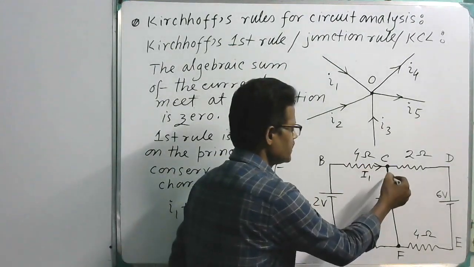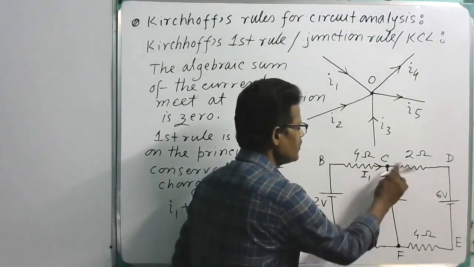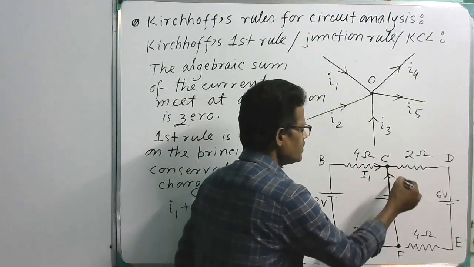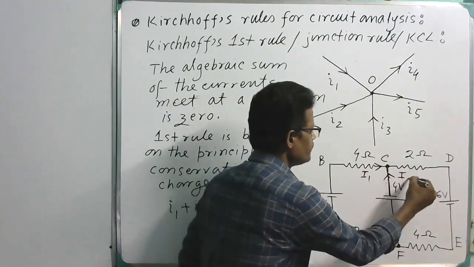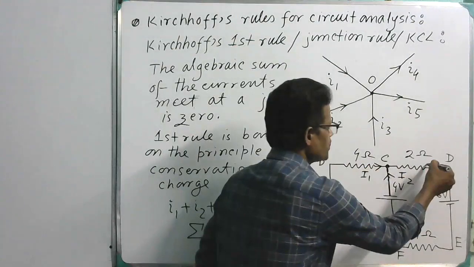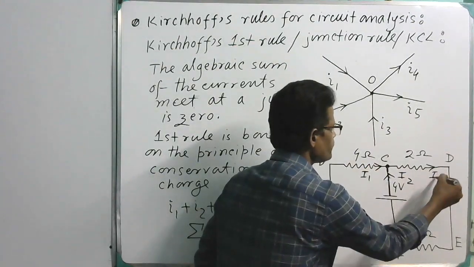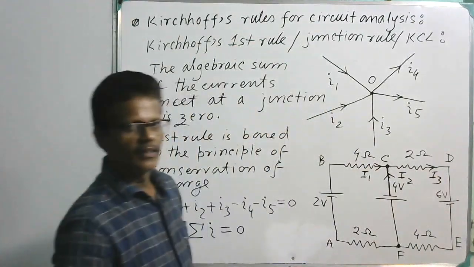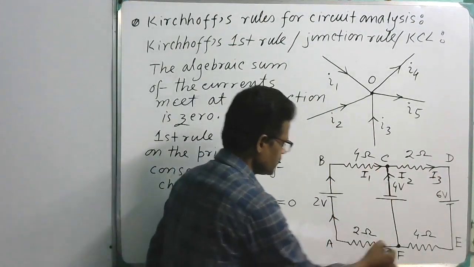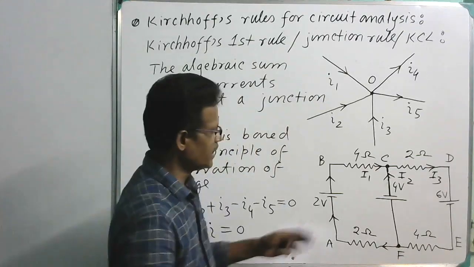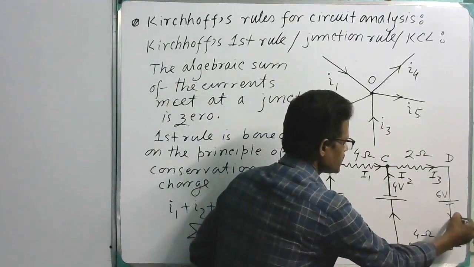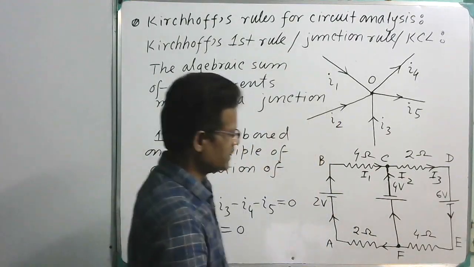So in this branch the current is I1, here is I2, here it is I3.